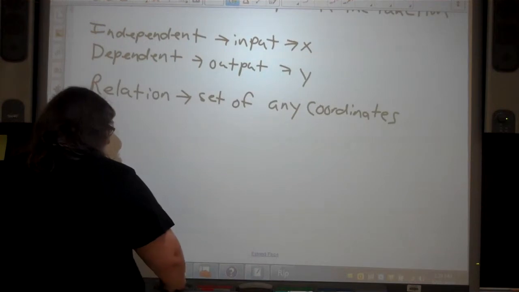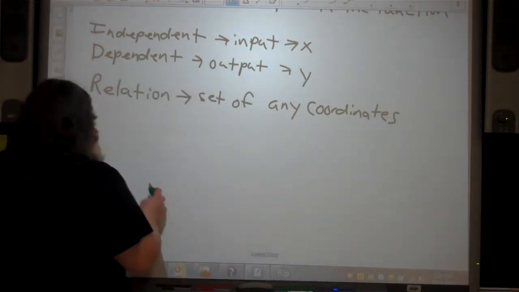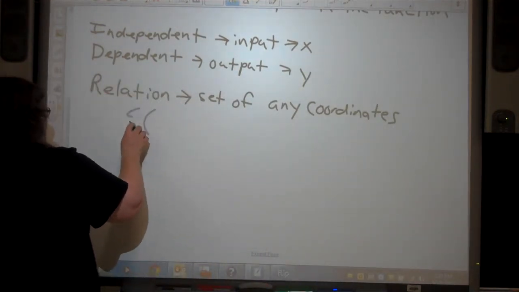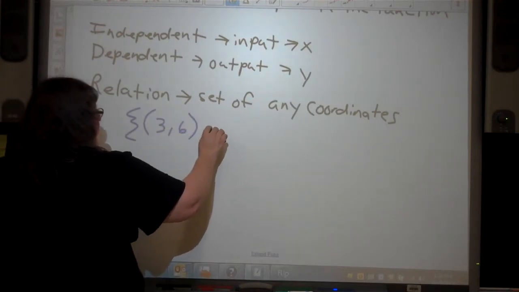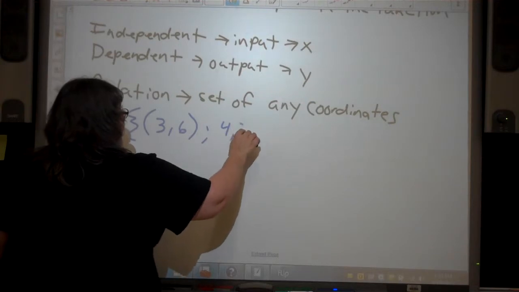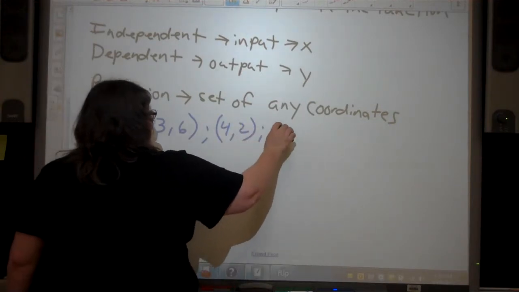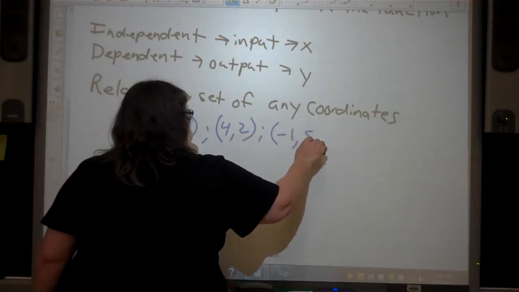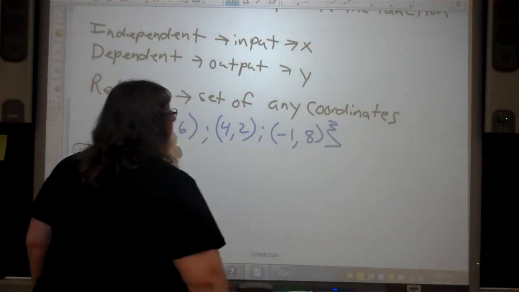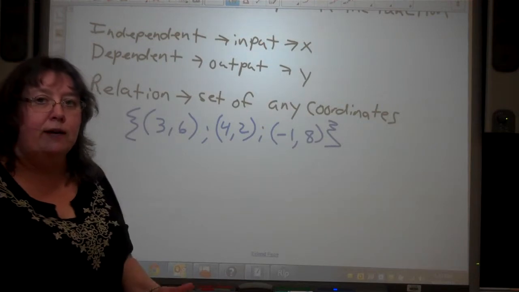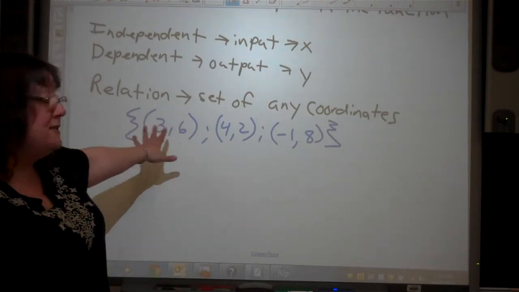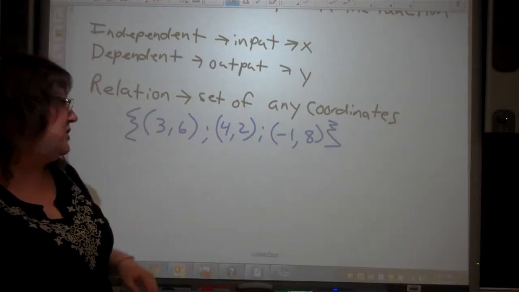So an example would be (3, 6), (4, 2), (-1, 8). Okay? That would be considered a relation because it's a set of coordinates. Okay? I have more than one set of coordinates here, so I consider this a relation.